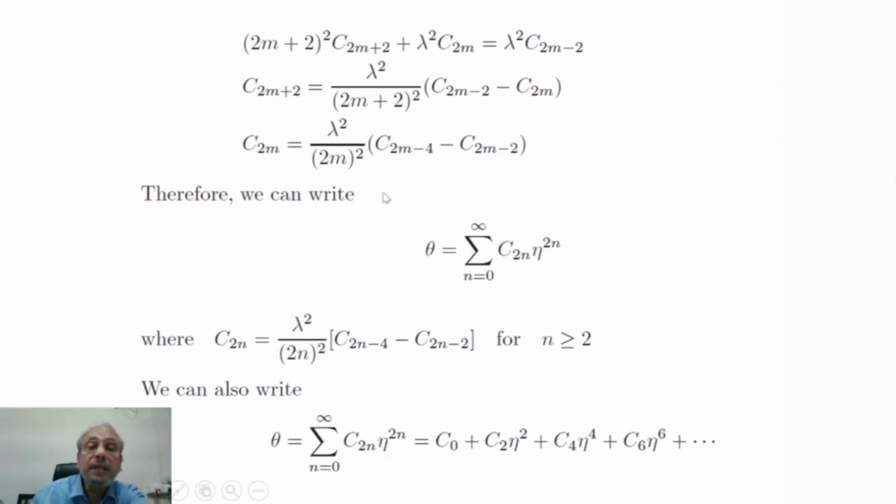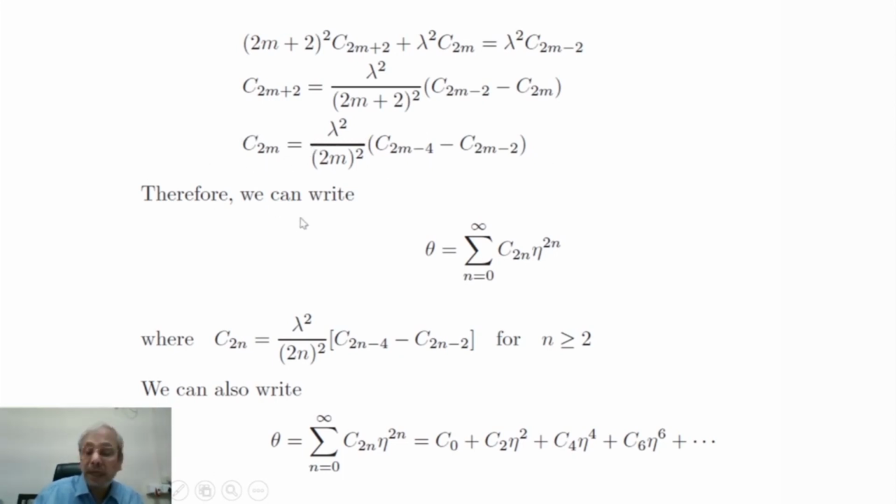So we can generalize this as C twice m equal to lambda square by twice m square into C twice m minus 4 minus C twice m minus 2. This is the generalization of this equation, and it is valid for even coefficients.